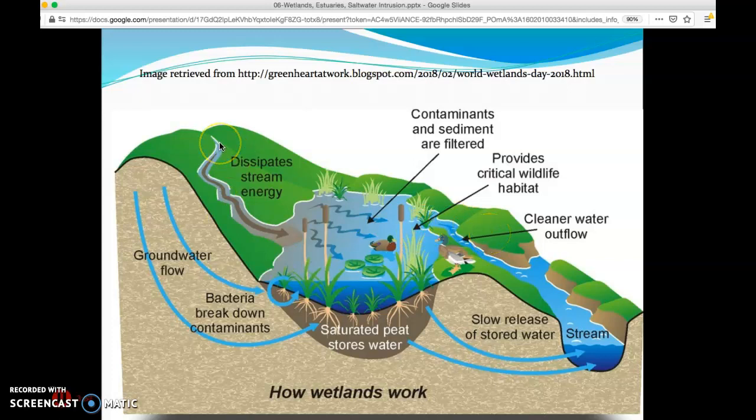So also, as the stream comes down through the wetland, the dirty water and any contaminants, so toxins, are filtered out through all these plants and the sediments there. So later downstream, it'll have cleaner water. This could be something like thermal pollution, so this could help.